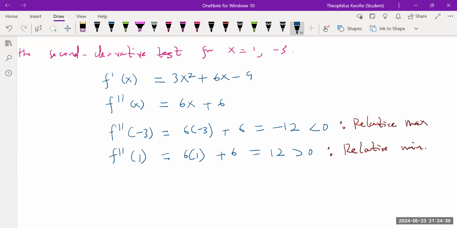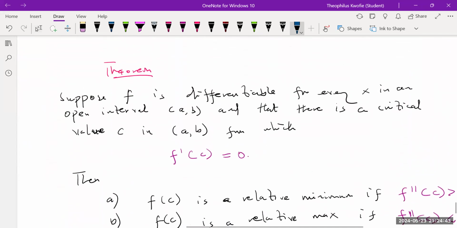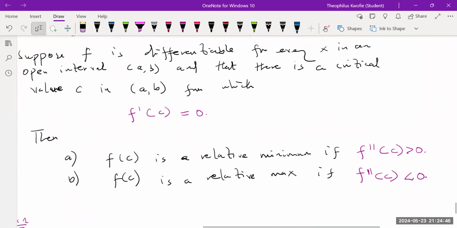But remember the theorem, we have to also evaluate the main function at these critical values. Remember, we have c, f of c in both instances, okay? So f of c is a relative minimum if this holds. So what it means is we also have to evaluate the function at these critical values, okay?